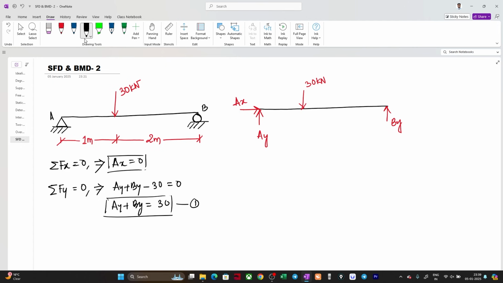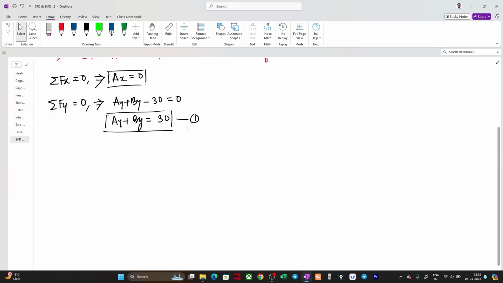Now if I take moment about any of these points, let us say moment about A, we can find out one of the reactions. So summation of moment about A equal to 0.